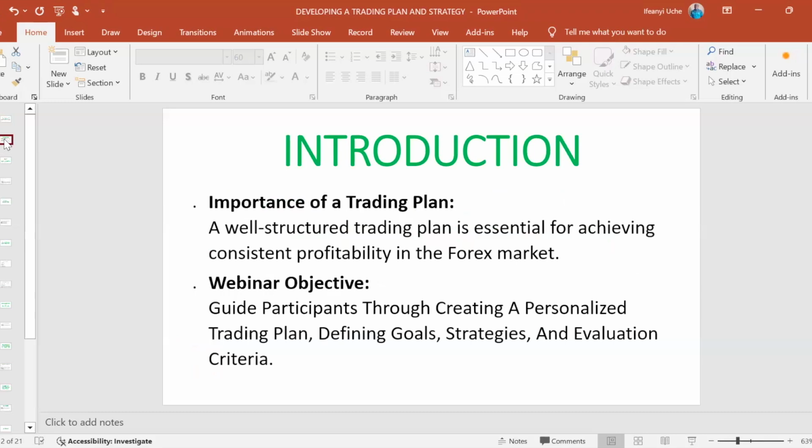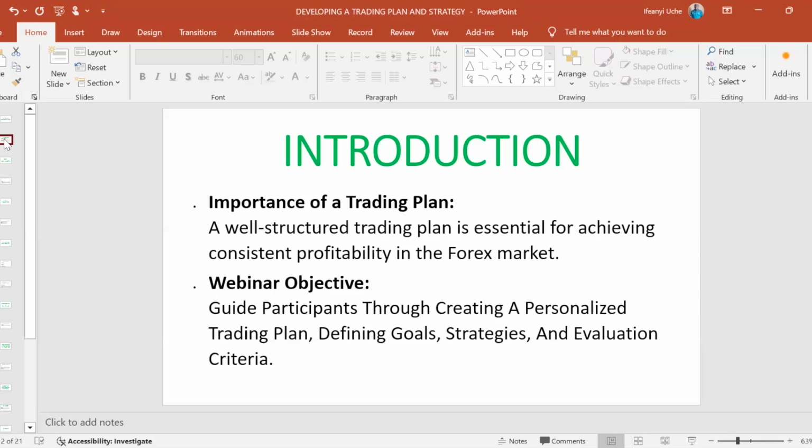So we are looking first at the importance of a trading plan, then we'll look at the objectives. A well-structured trading plan is essential for achieving consistent profitability in the Forex market. By the end of this presentation, I want to believe you'll be guided through creating your personalized trading plan.